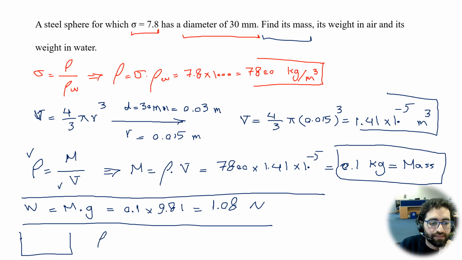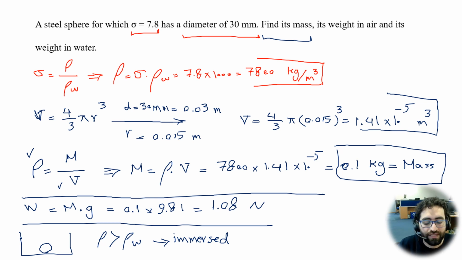As our density is bigger than the density of the water, it should be immersed. So because it's immersed, it comes down here, so it's fully immersed.